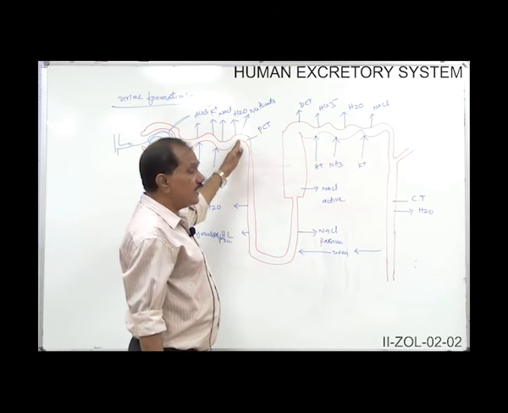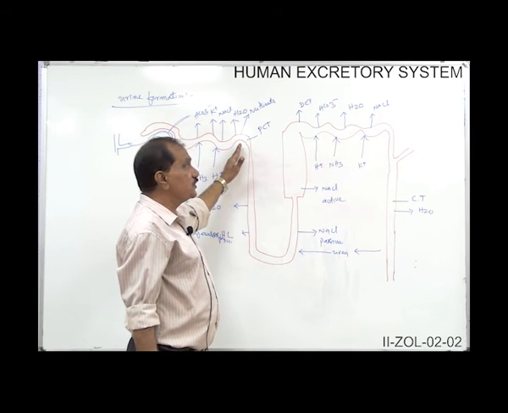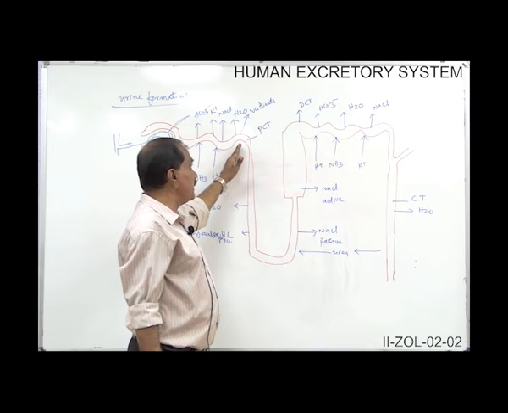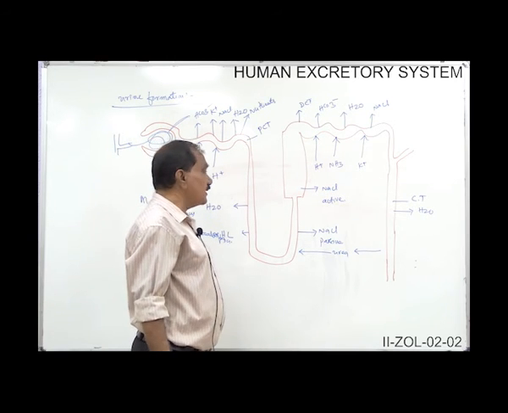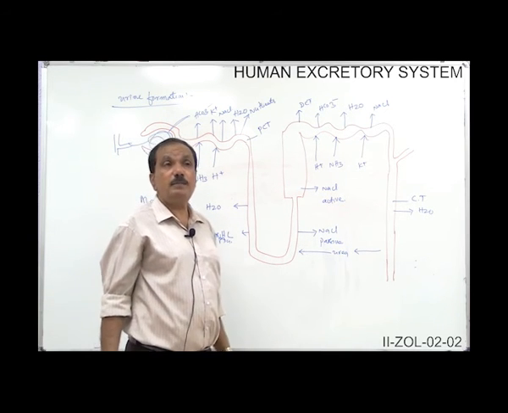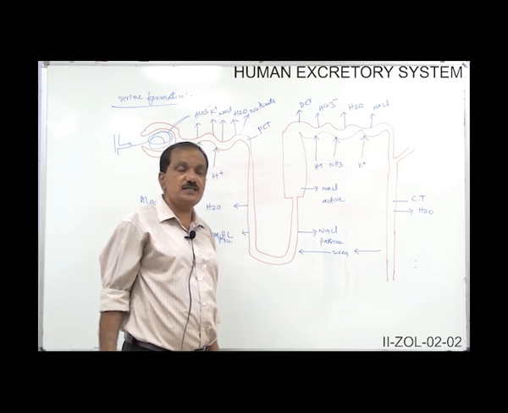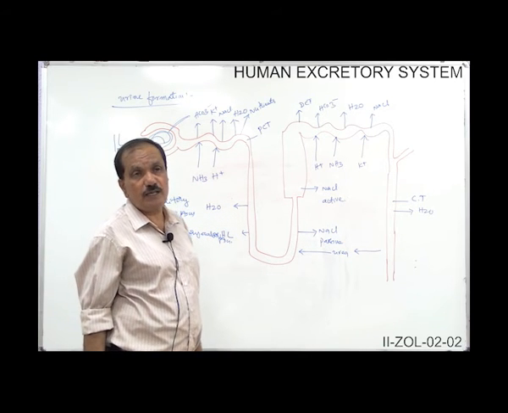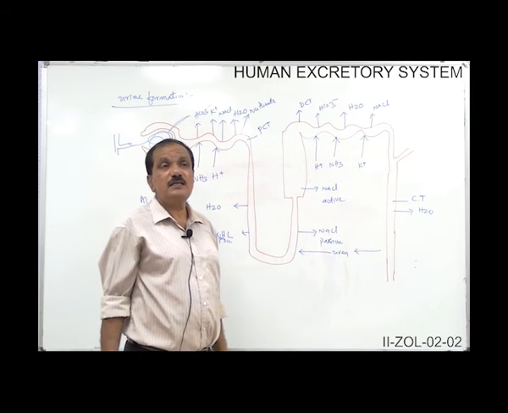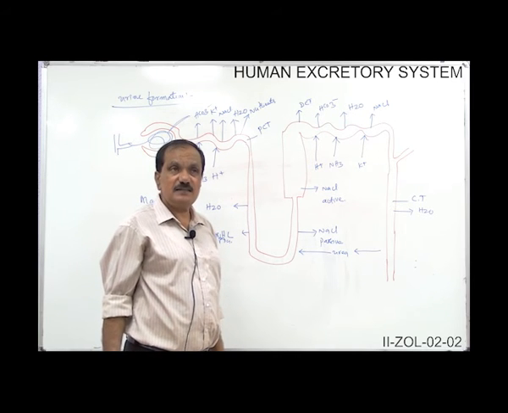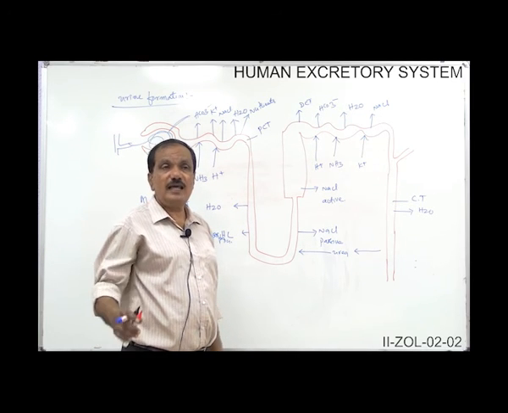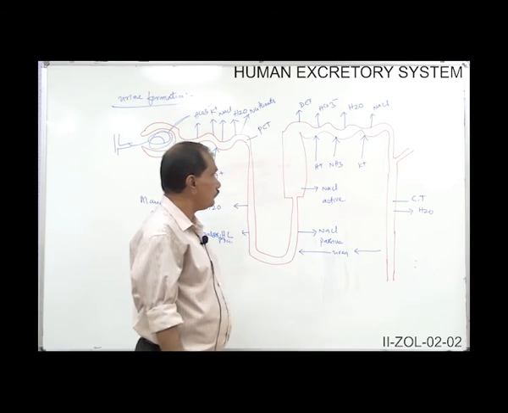Of course, the nutrients are already reabsorbed, so there is no question. The remaining is the water, which is reabsorbed depending upon the ADH hormone. But if the ADH hormone is not there, it is not able to reabsorb. And those persons will have diabetes insipidus, whose urine will have more amount of water.